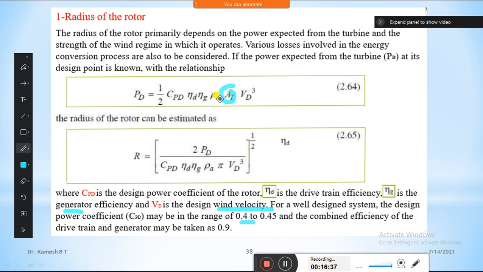So here I want radius, so this area is replaced by radius, so R is equal to root of 2 P_D by C_PD nu_D nu_G rho_A pi V_D cube. If you use this equation, it gives the proper radius of the rotor.